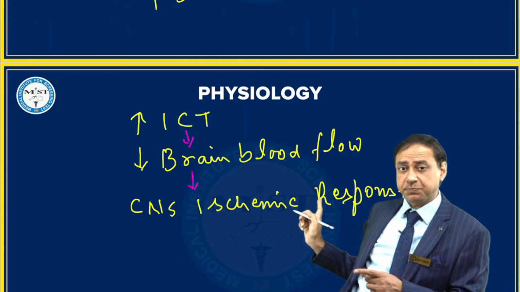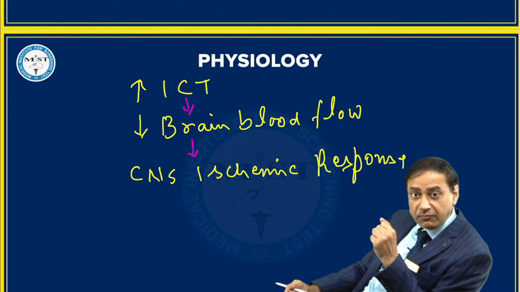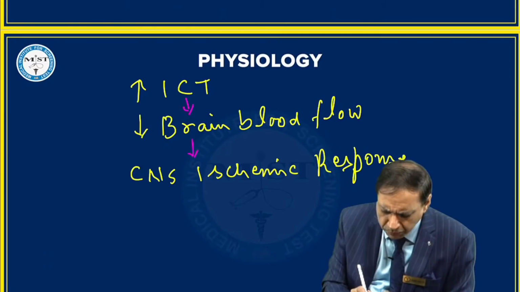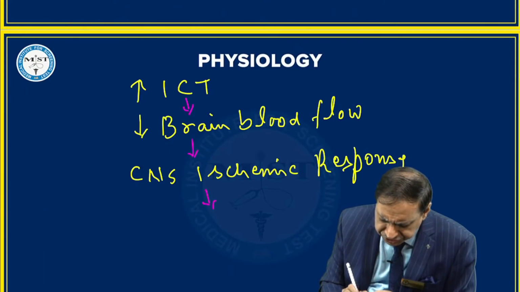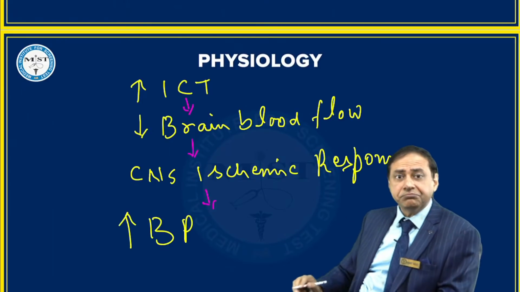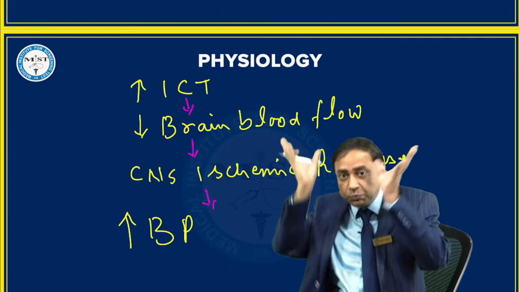CNS ischemic response is activated means there will be sympathetic discharge. So blood pressure will be increased. Increase in blood pressure will try to force more blood into the brain.